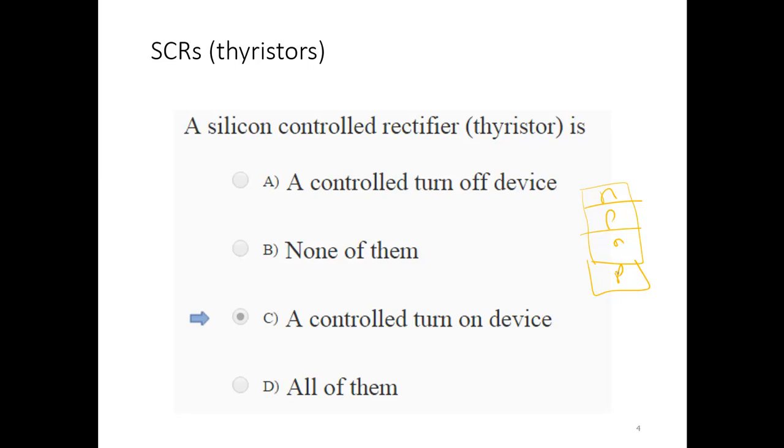It's a controlled device: you can turn it on, but like a diode, once it is on, you cannot turn it off. That's the characteristic of the device. So the correct answer is that it is a turn-on device only.